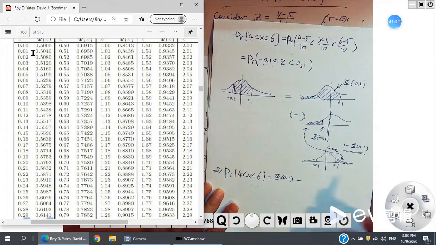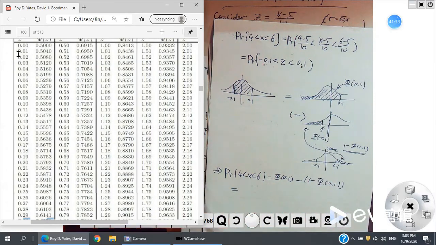Okay, minus this one. Alright, now we use the table to find the value for 0.1 z. Oh, I think I gave a wrong table value.